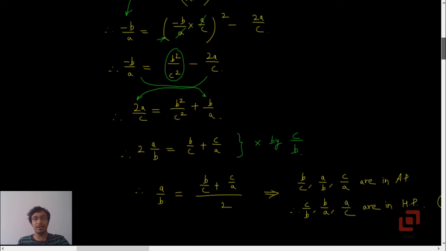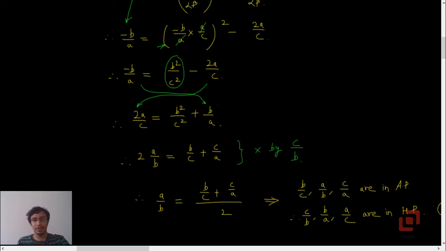So now I decided to multiply this equation by c upon b, which will make b squared by c squared into b by c. One c will go, one b will go, so it will be b by c, but you have to do it for the entire equation. So a by c when multiplied by c by b will become a by b. b squared by c squared, as we discussed, will become b by c, and b upon a when multiplied by c upon b will become c upon a.